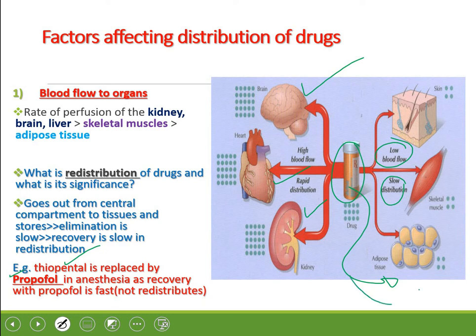It redistributes into the tissues, and from the tissues it goes back to the blood. Keep this point in mind. So the half-life is increased, and probably this was the reason that propofol replaced thiopental sodium. Why? Because the recovery was in certain cases not smooth, as redistribution prolongs the half-life and the recovery.